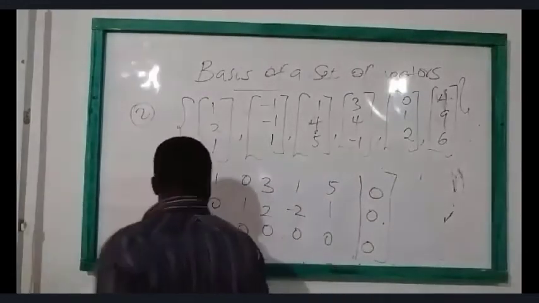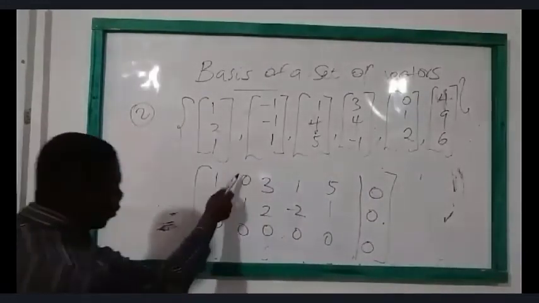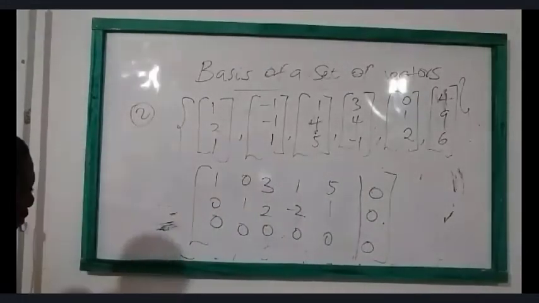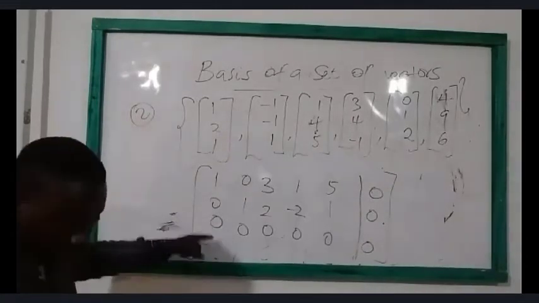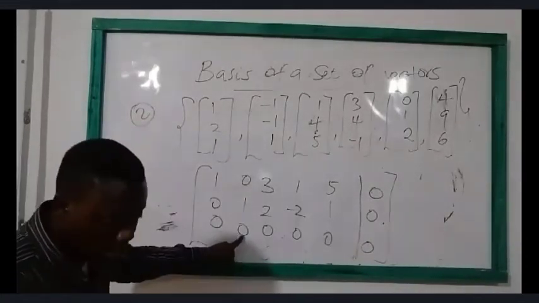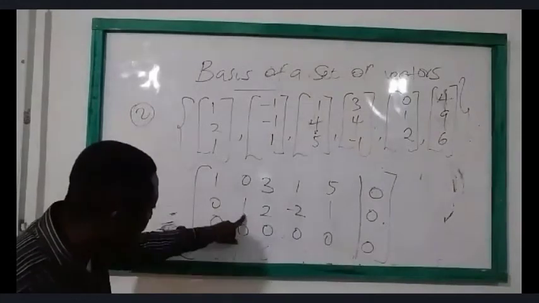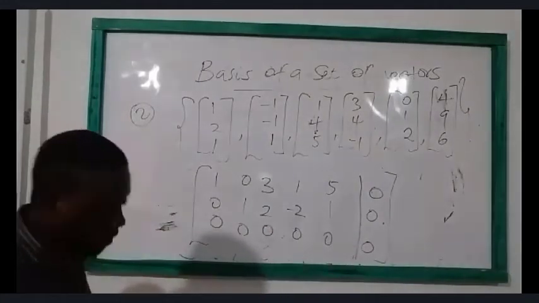Okay, so when you reduce, we see that only 2 of them give you the leading one. The first column gives you a leading one, the second column also gives you a leading one. The rest, you cannot get a leading one there.